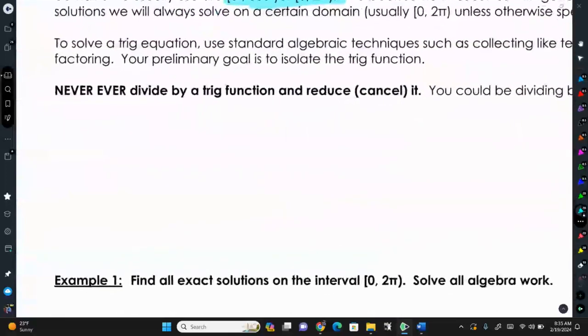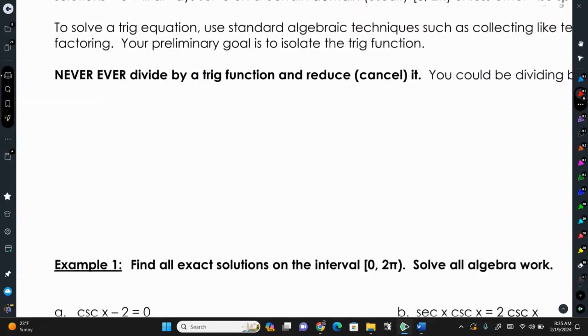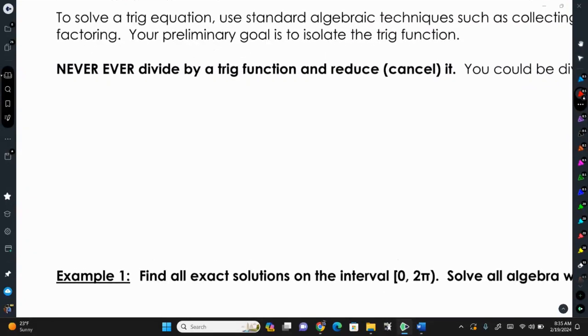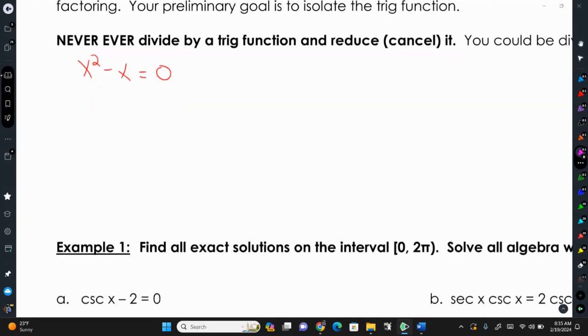I want to point out that just like how we should never divide by x, we should never divide by a trig function. For example, if we had this and we divided everything by x, you say, oh, x equals 1.